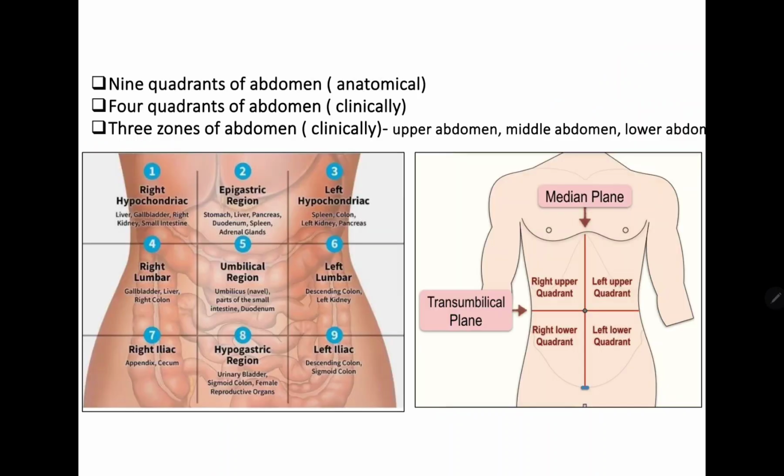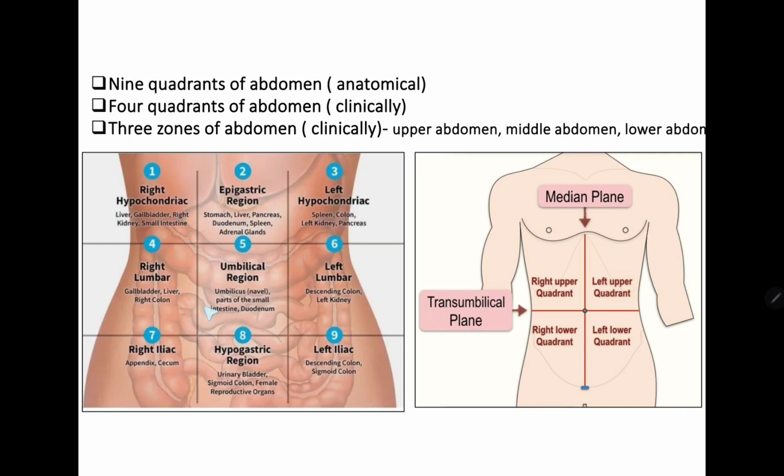The anterior abdominal wall is divided into different regions. Anatomically, we have 9 regions. What are the planes dividing them? Here we have the transtubercular plane and here the transpyloric plane, and we have the left midclavicular line and the right midclavicular line.